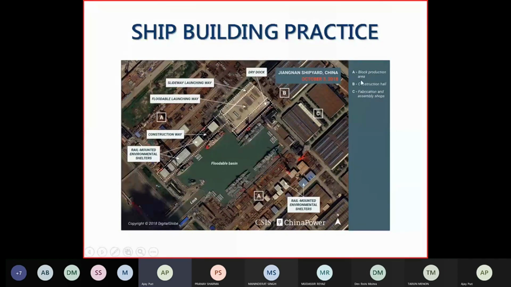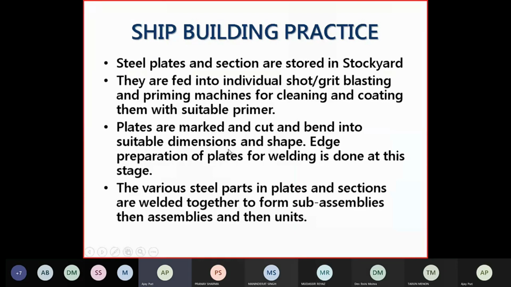There's a construction hall, fabrication and assembly shops here. Block production area is in A, this one here. So it's shifted accordingly and then it is brought here and then launched into the basin. So steel plates and sections are stored in the stockyard and then they are fed into individual shot or grit blasting.